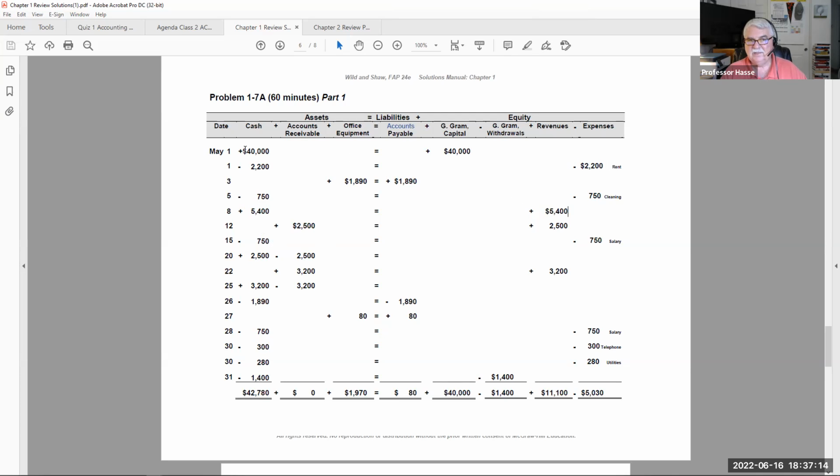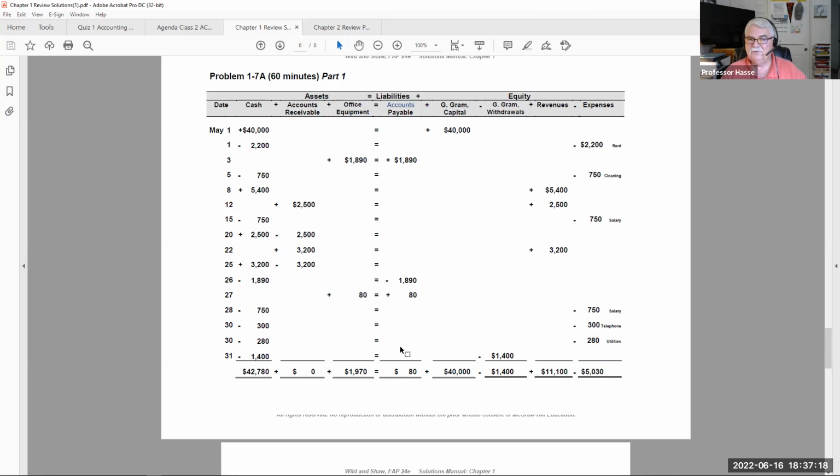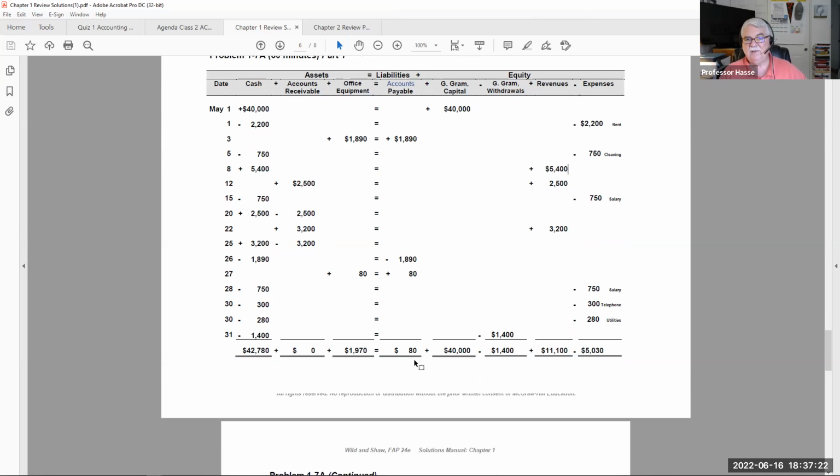So take a look at this problem 17A just to get a feel for the transactions. And then once all those transactions are done in May, you have the totals. $42,780 of cash. That's how much money should be in your checking account. You have $1,970 of office equipment. You still owe $80 on accounts payable.